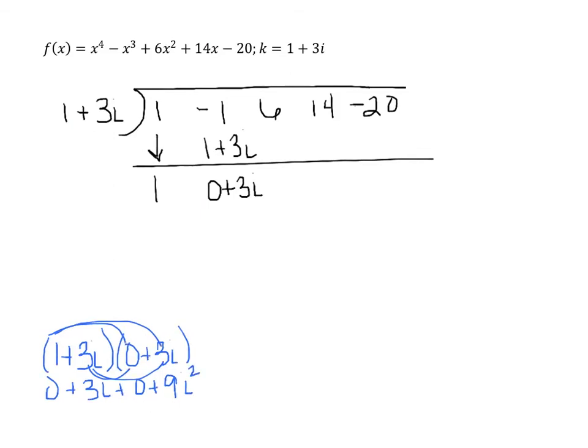Now you have to remember that i squared is equal to negative 1, so this is negative 9 plus 3i. So that's what you get when you multiply these together. So this gives us negative 3 plus 3i, and now we have to multiply those together.